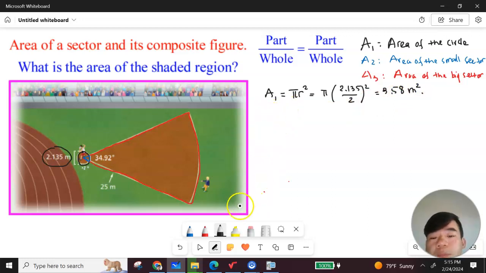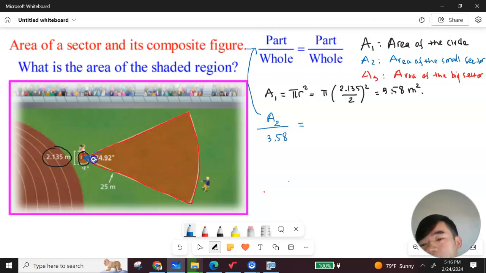Now A2. A2 means the blue one. We need to use the formula part over whole equals part over whole. Part means the area of the small sector, the blue one. Because the small sector stays inside the circle, the area of the circle is the whole. So the area of the circle is 3.58, and 3.58 equals part over whole.